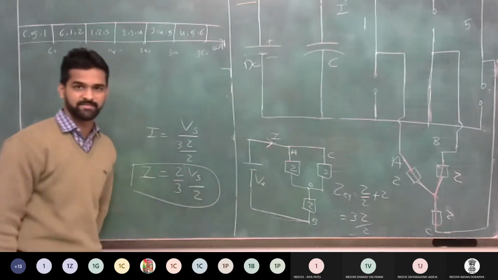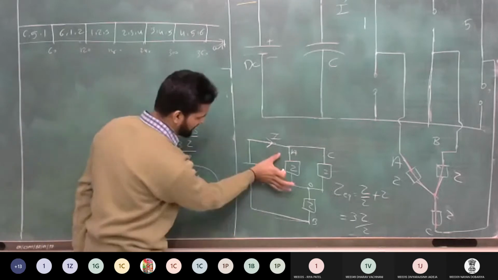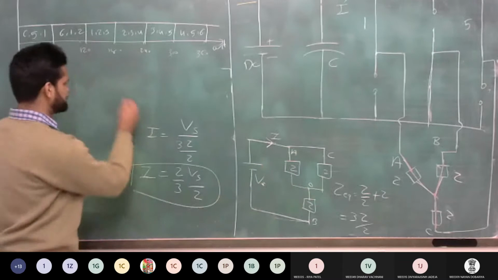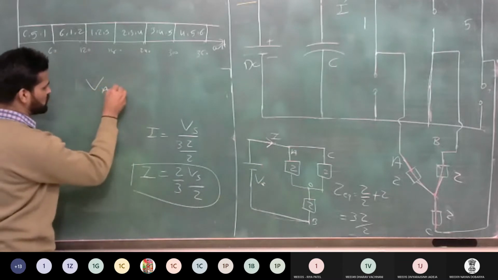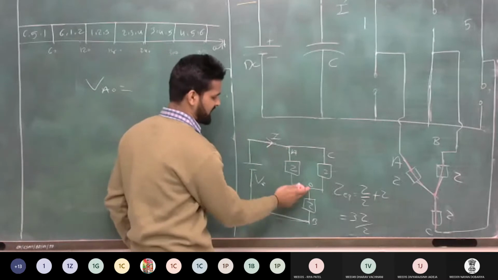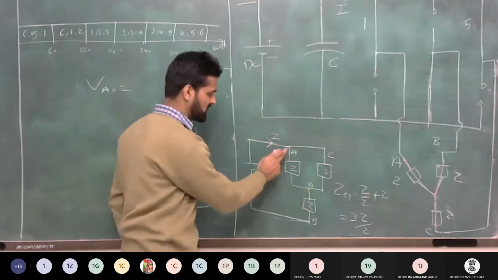Total supply current I. Now give me the answer. What is the value of voltage across A and the neutral terminal? It means VAO, because this is a phase voltage, the voltage between phase and neutral.